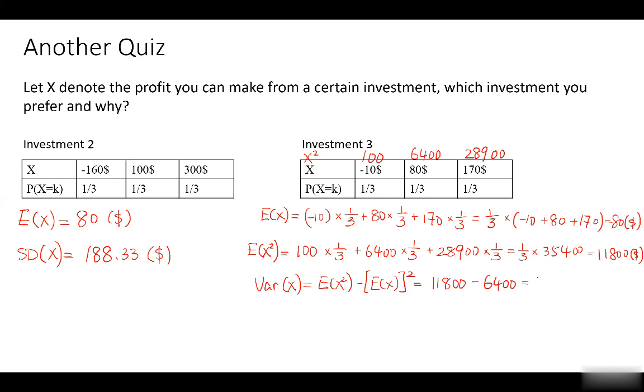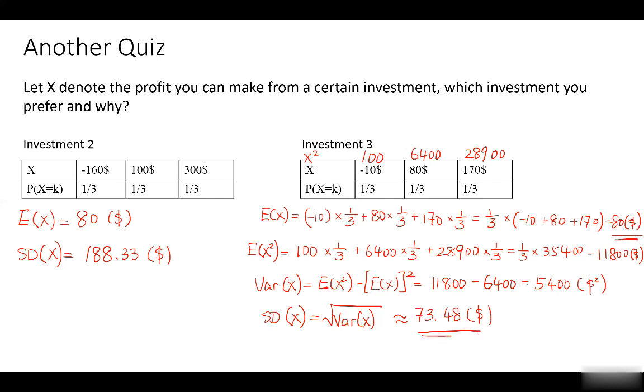Which is 5400. Okay, then we can calculate the standard deviation of X, which is the square root of VARX, which is approximately $73.48, right?